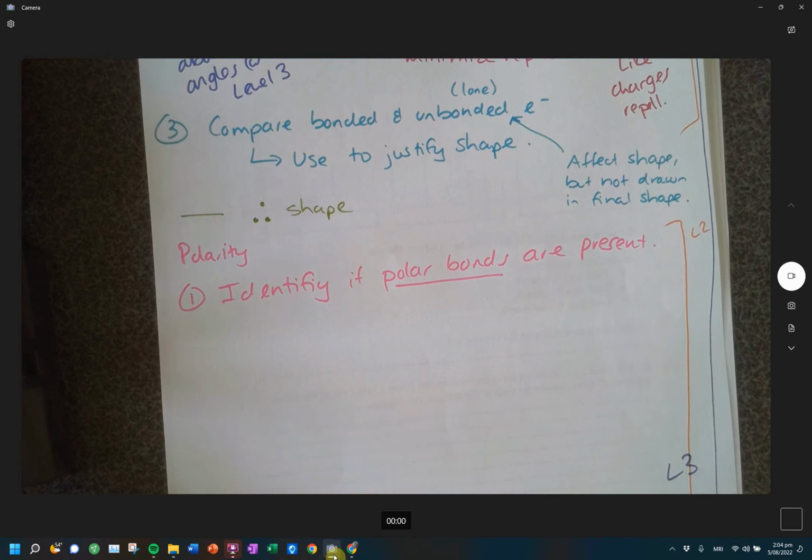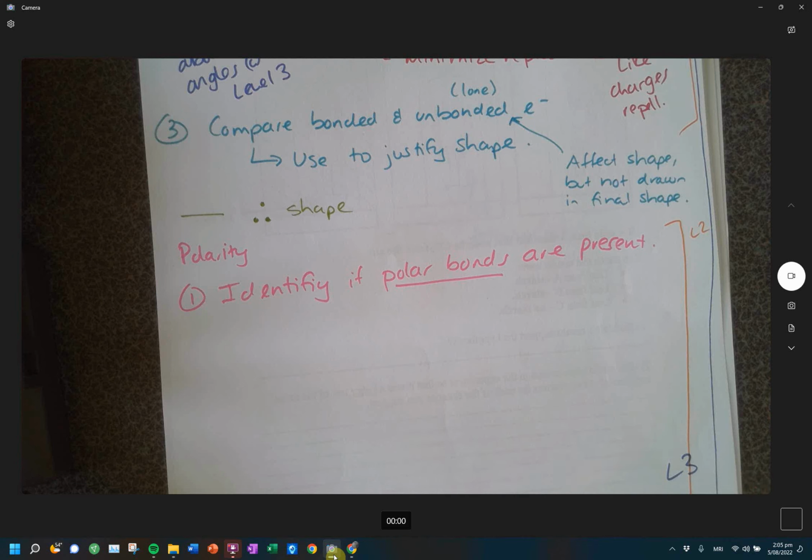I'm underlining the words polar bonds because polar bonds and polar shapes are 2 different things, and I don't want you guys to smash them together. I know they both use the term polar, and they both are polar substances, but make sure you're saying polar bond because that helps specify what's going on.